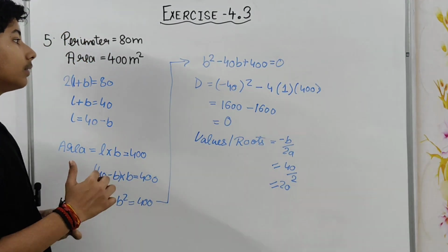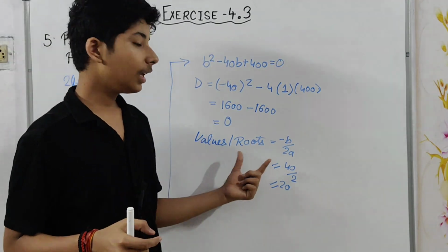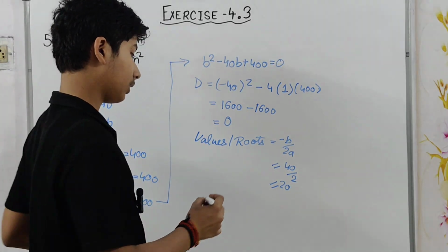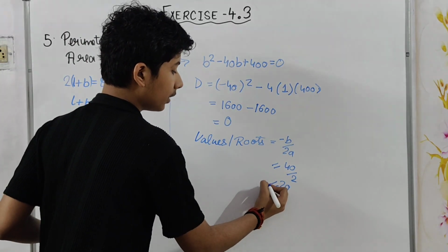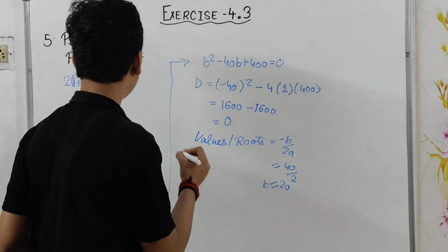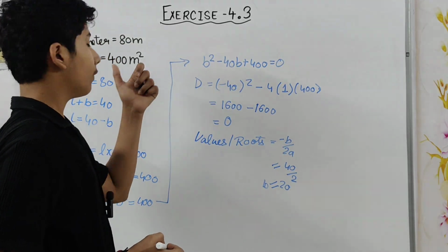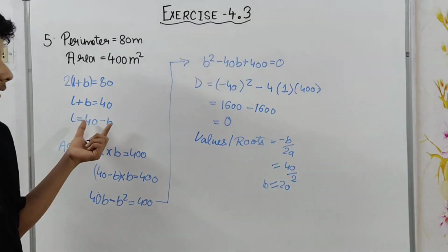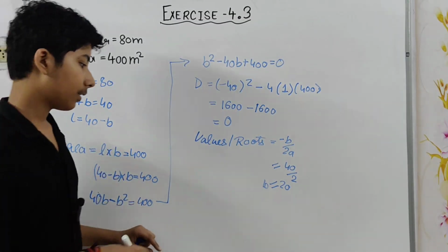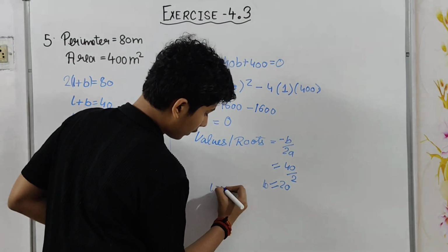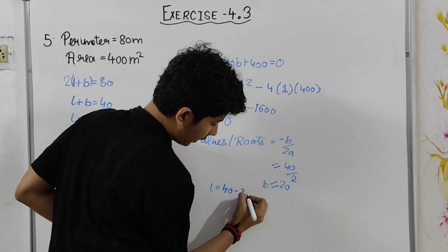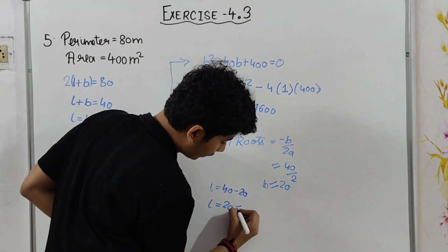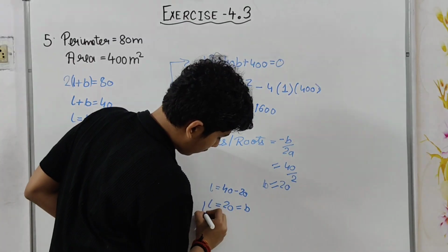I hope this is clear. The breadth is 20. And now, since b equals to 20, so L plus b was total 40. L plus b was 40 and L equals to 40 minus B. So L equals to 40 minus 20, which is 20. So L equals to 20 equals to B.